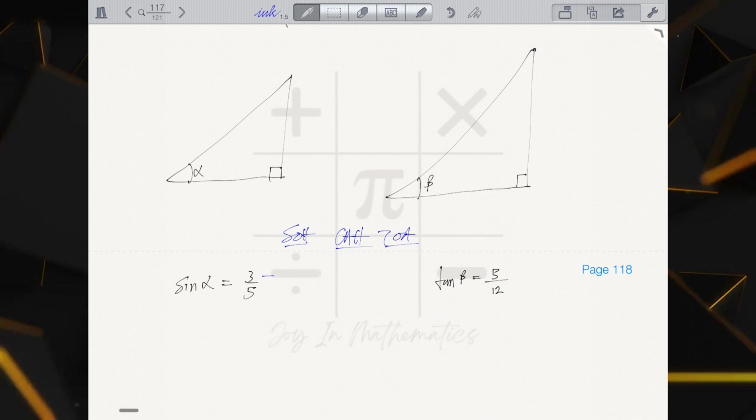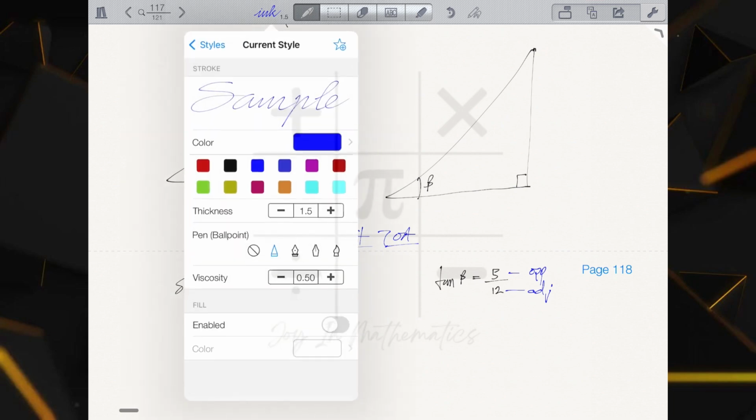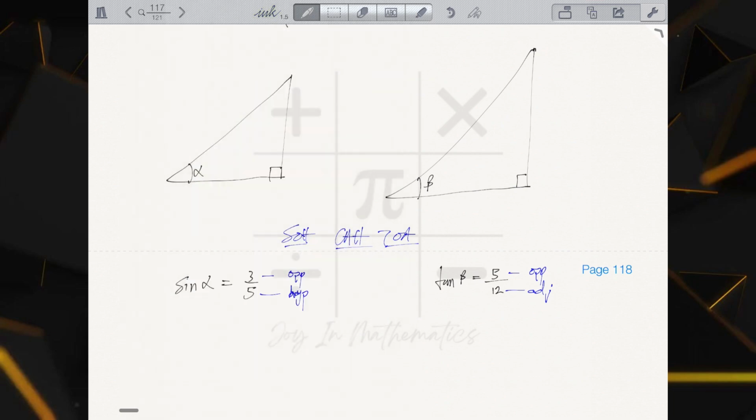Therefore, our 3 will be our opposite and our 5 will be our hypotenuse. In the case of tan, this will be opposite divided by adjacent. Therefore, if this is angle alpha, the opposite is 3 and the hypotenuse is 5. If this is angle beta, the opposite is 5 and the adjacent is 12.